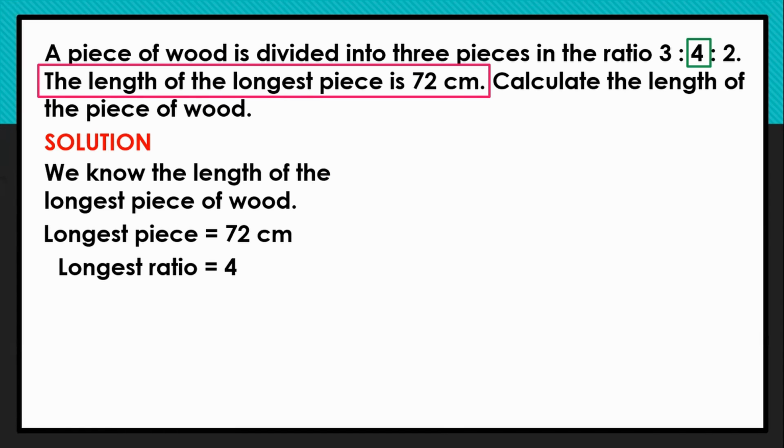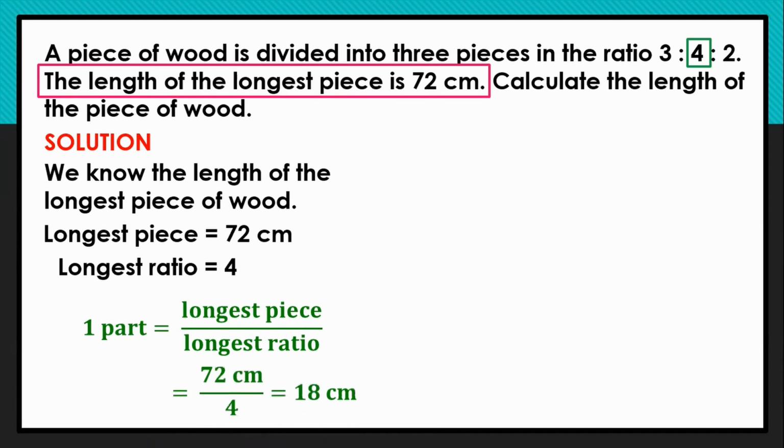Now that we know the longest piece and the longest ratio, we can find 1 part. So 1 part is equal to the longest piece divided by the longest ratio. So 72 centimeters divided by 4 is equal to 18 centimeters. Therefore, 1 part is 18 centimeters.